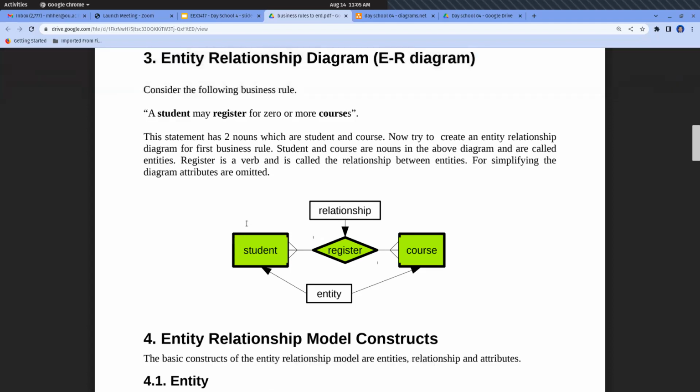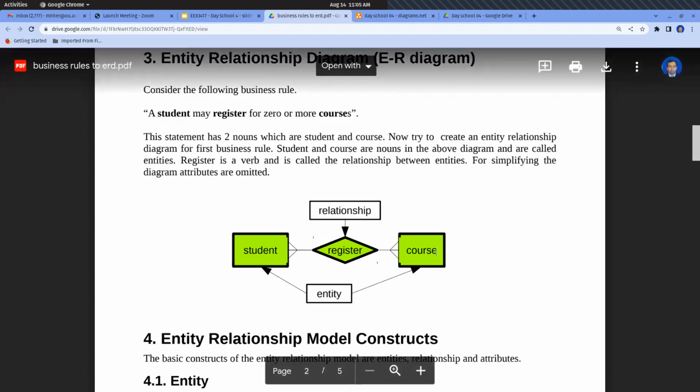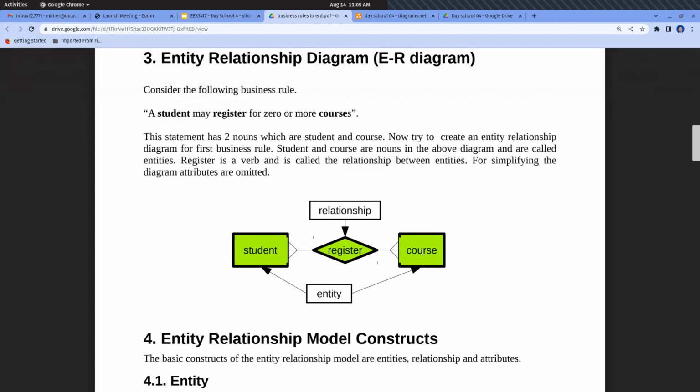So the student and the course become entities, and register becomes the relationship. Normally, when you write an ERD, the student and course entities are graphically represented by a rectangle. The register is represented by a rhombus sign, this sign.